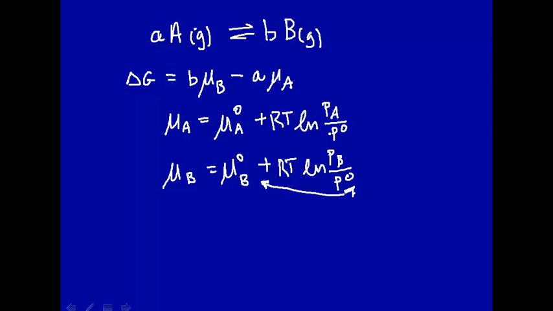And by specifying a reference pressure, usually it's units of 1, you specify the units of the pressure you actually measured. So for example, if P0 is 1 bar, that means that the pressures you measure of A and B have to be in units of bar, because you want the units to cancel out, because you have to take the logarithm of something that does not have any units. So by specifying the standard state pressure of 1 bar, we are specifying what units we have to measure pressure in.